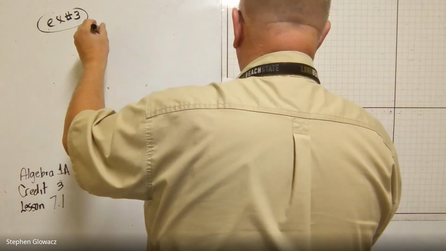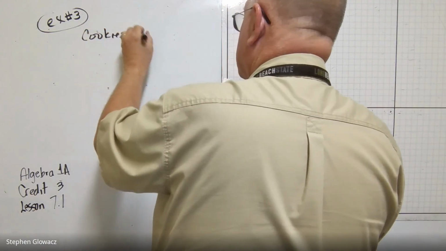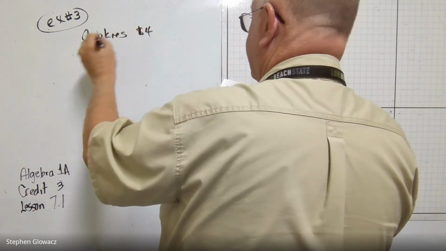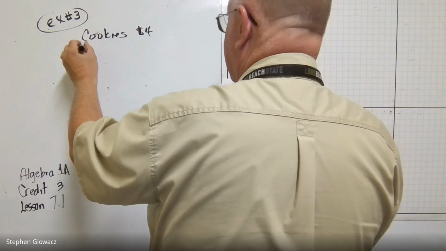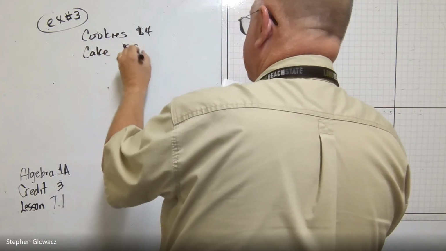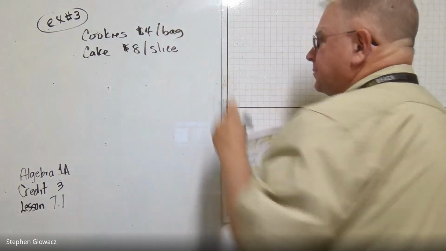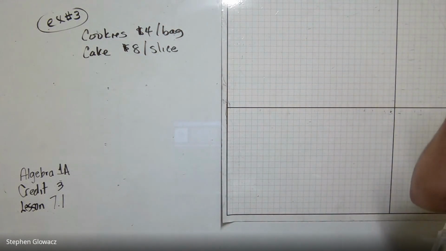And we're going to say that cookies cost $4 a bag, and cake is $8 a slice. So cookies are $4 a bag, cake is $8 a slice.